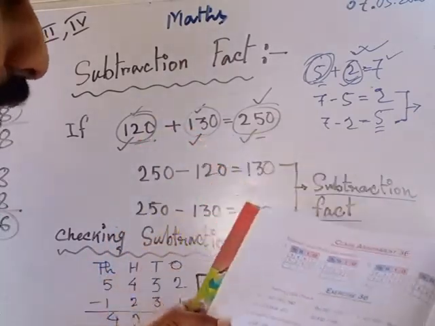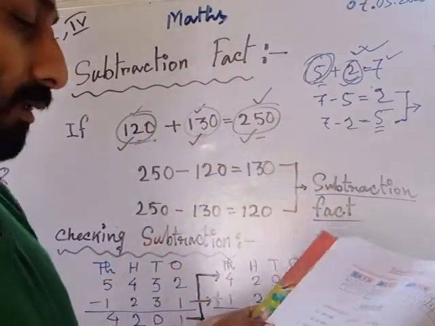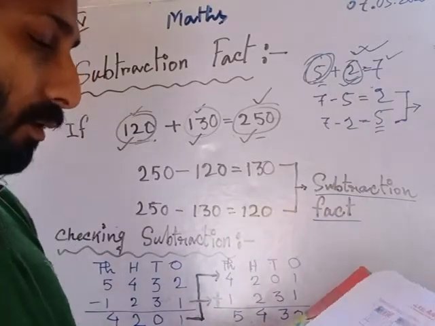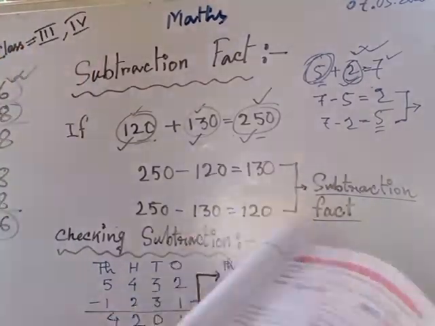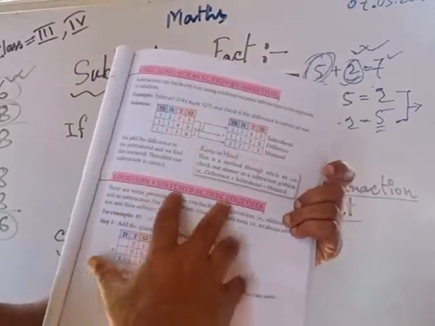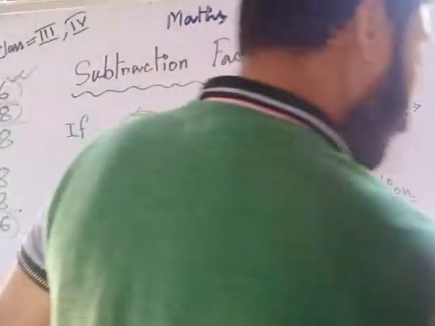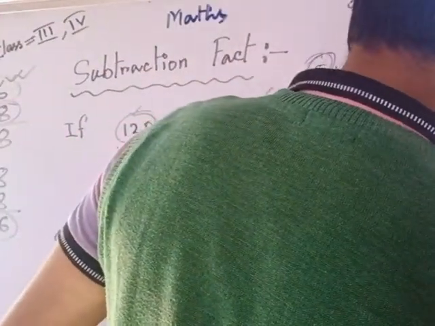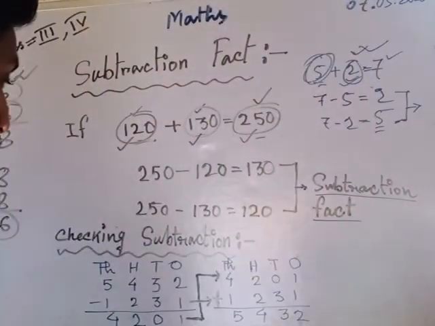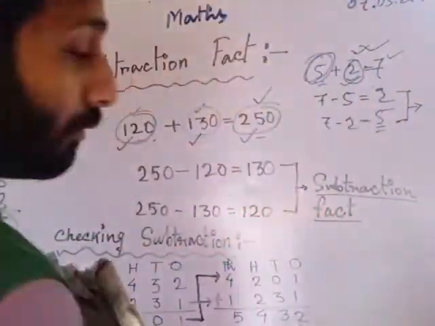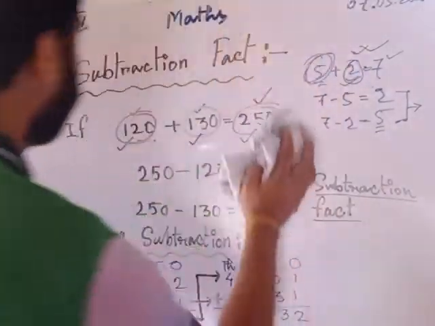After that, we should go to the next and solve the following together: subtraction and addition, addition and subtraction together. After that, we will go to the next. Addition and subtraction together.